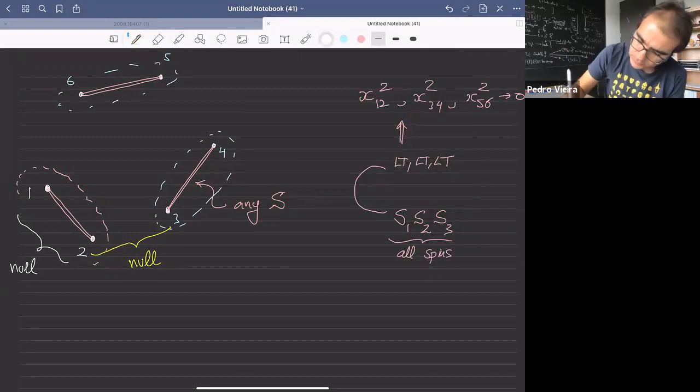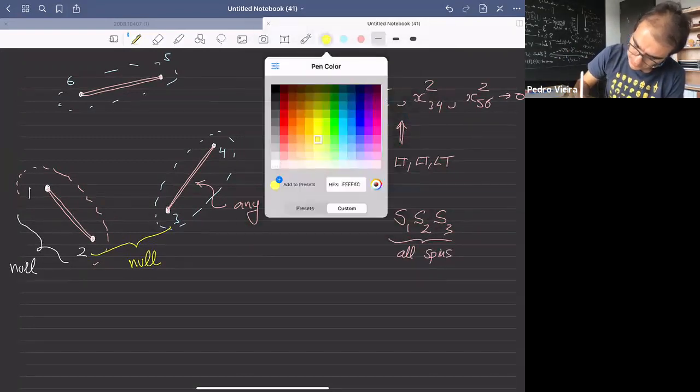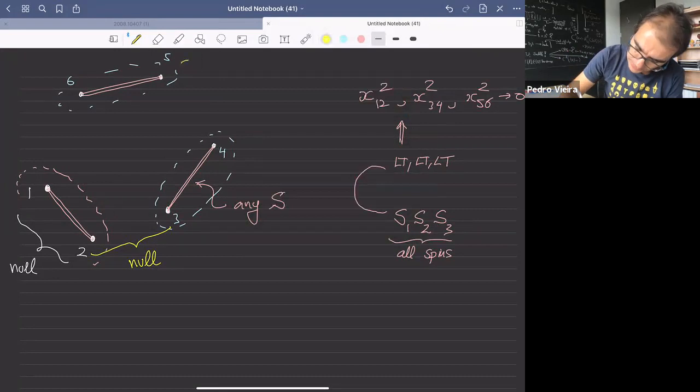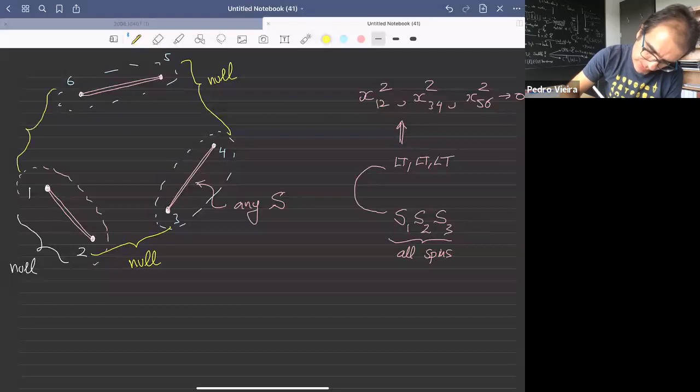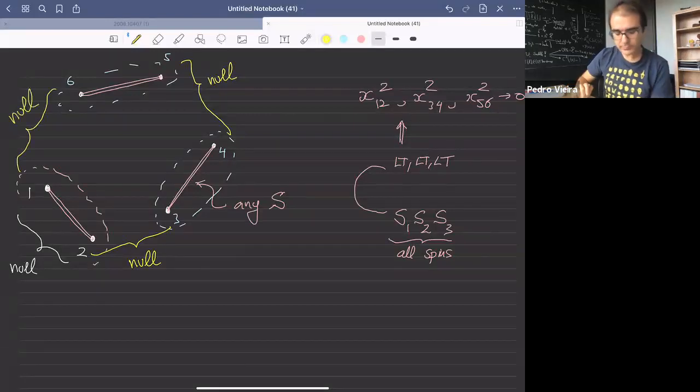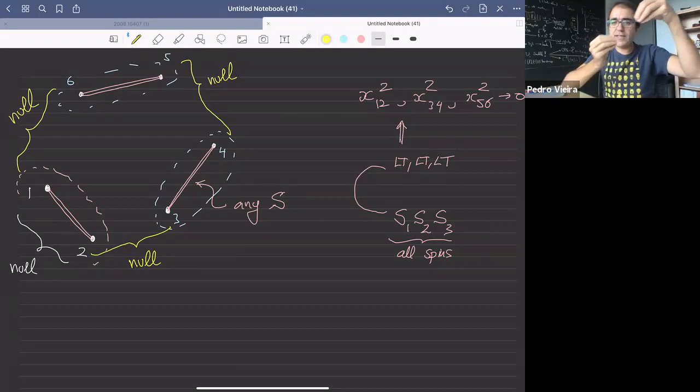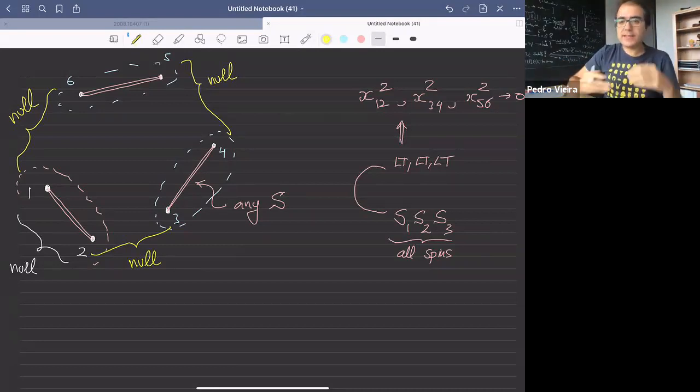Now, next, we are going to make this point null separated. We take 4 to be null separated from 5, and we take 1 to be null separated from 6. Okay. So now what happens is that these operators that were delocalized and could have any spin, in particular large spin, will now be dominated by large spin.